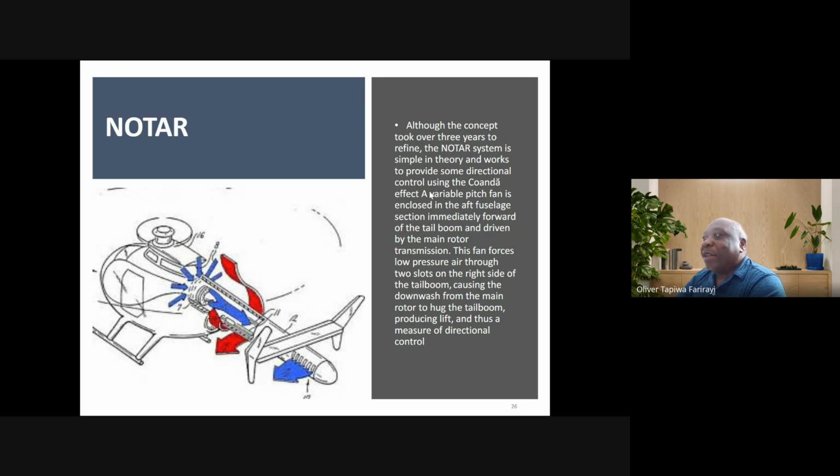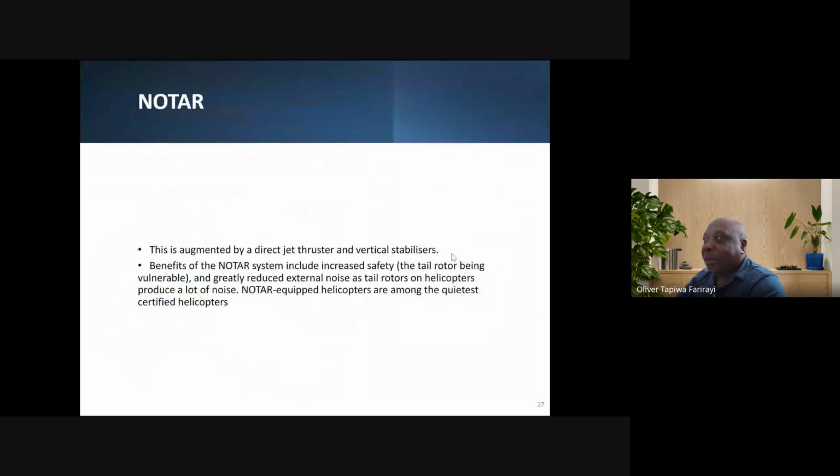It still provides some directional control, but using what we call the Coanda effect. I'm not going to go into too much detail on that, to be honest. All you need to know is NOTAR replaces the need for an anti-torque rotor at the back with the same effect. So it's got thrust and vertical stabilizers.